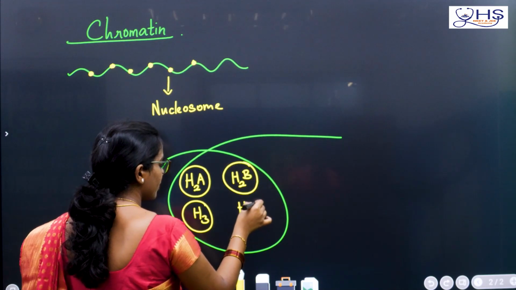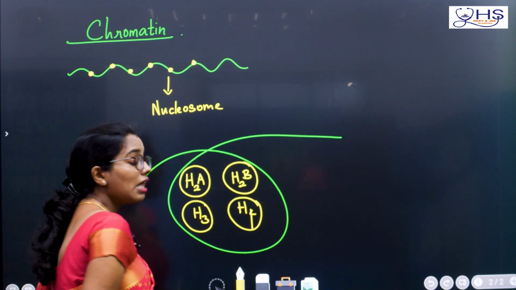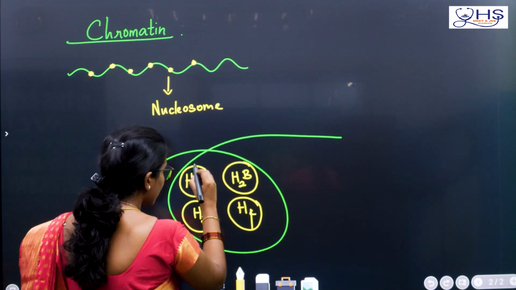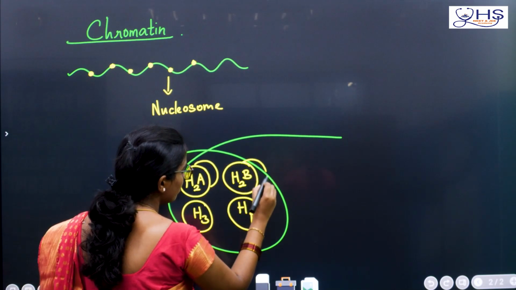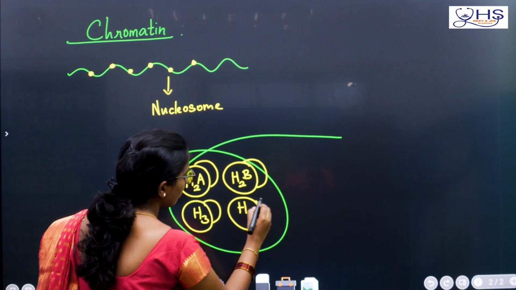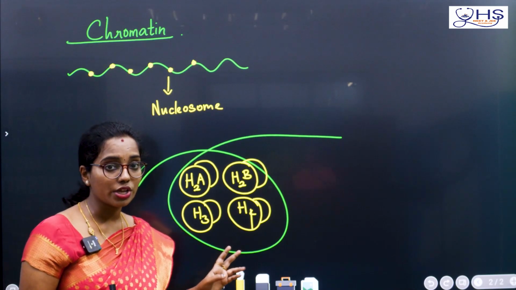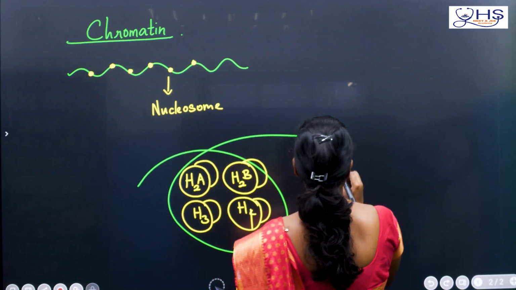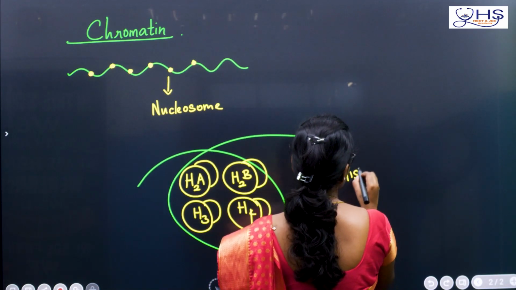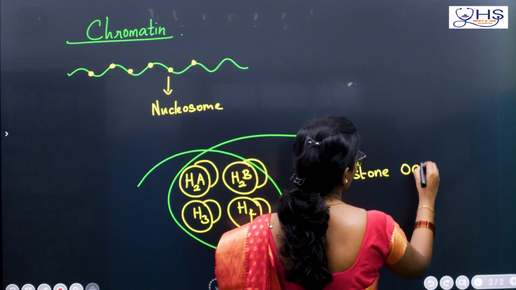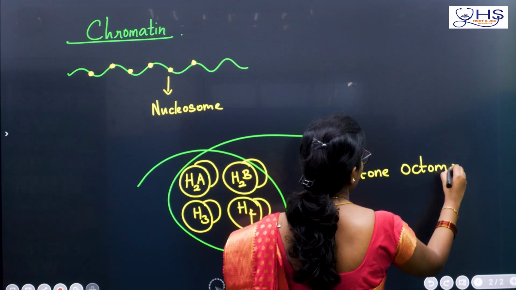Now these proteins are present at the backside also, like this. In three-dimensional view, we can view this properly. So now totally 4 plus 4, we have 8 proteins. It is called histone. What is histone? Protein. The structure is called histone octamer.